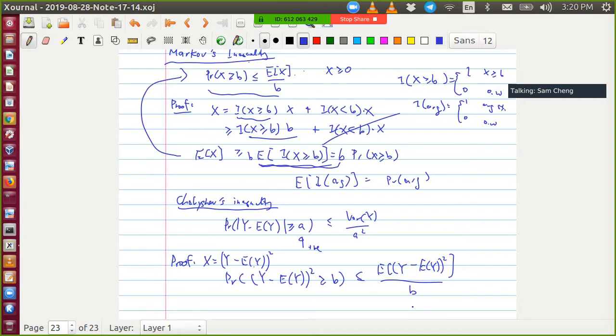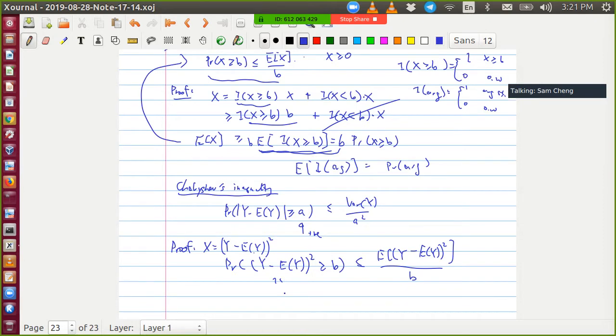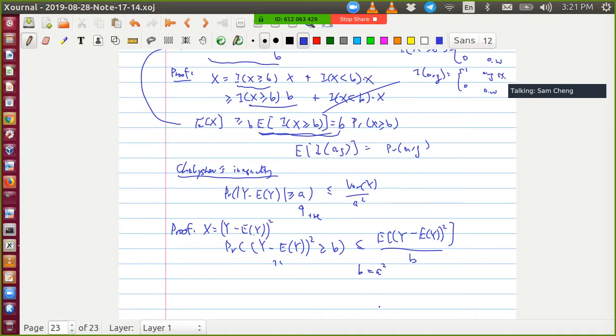Then let b equal a squared, so this is the probability of y minus E y squared bigger than a squared, which is just the probability that the absolute value of y minus E y is bigger than a.